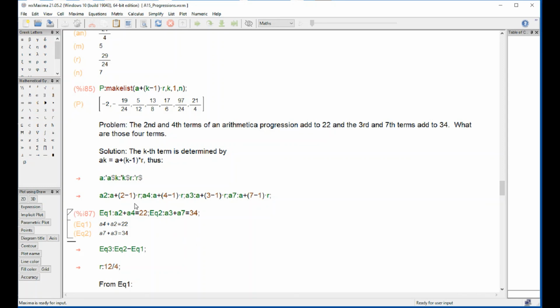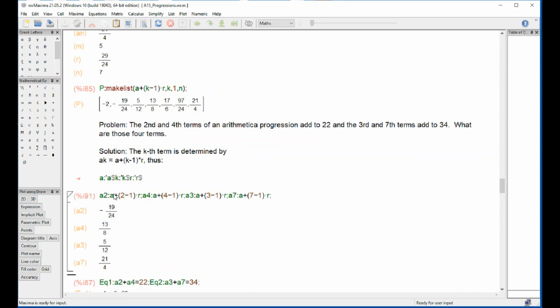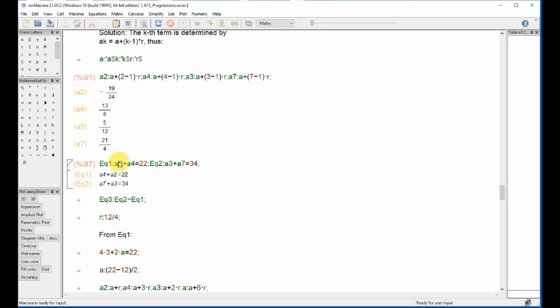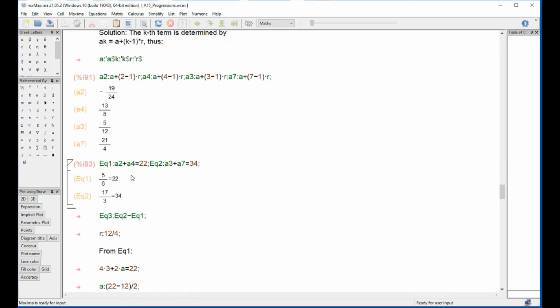So wait, I need to define these values right here so I can add this together. Actually, let me start from here, and I'm going to clear a1, a2, and so on.